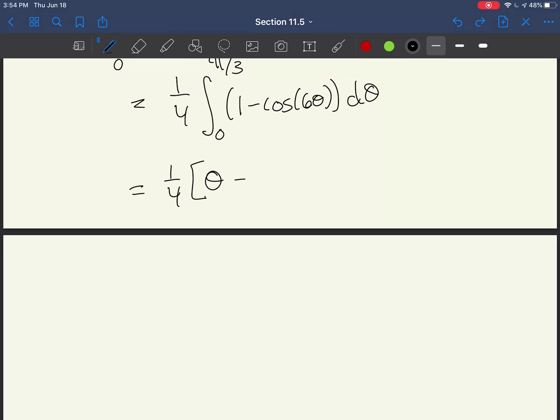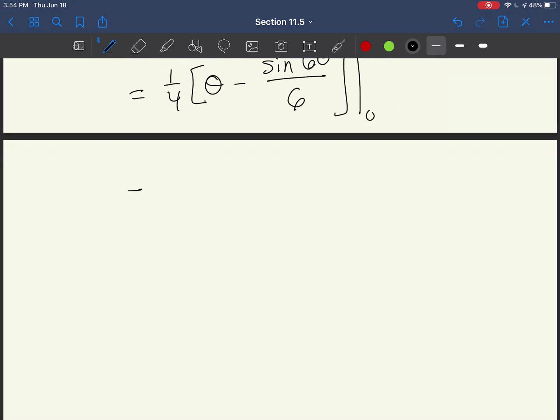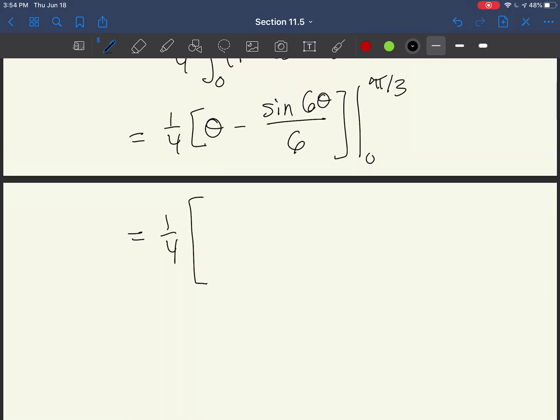This is 1/4 times theta minus sine of 6 theta divided by 6, evaluated from 0 to pi over 3.